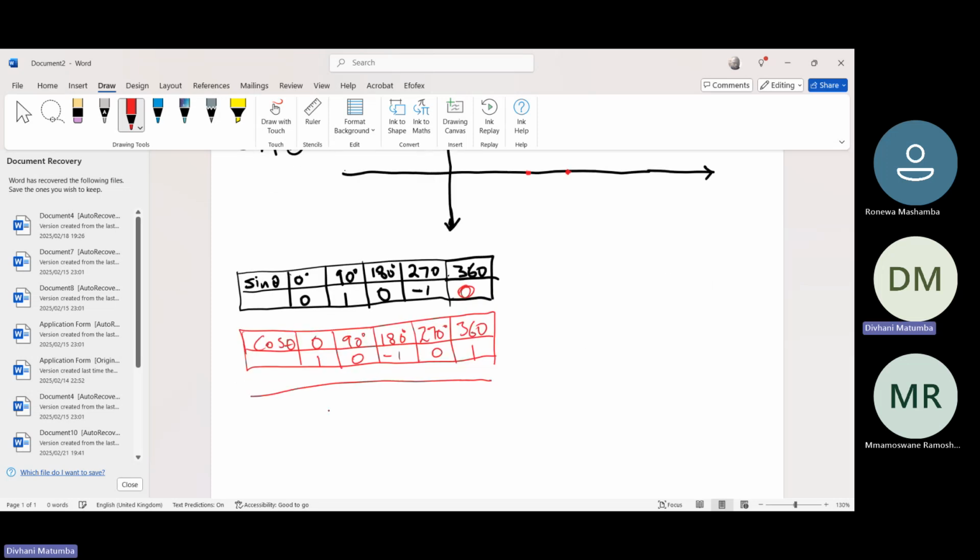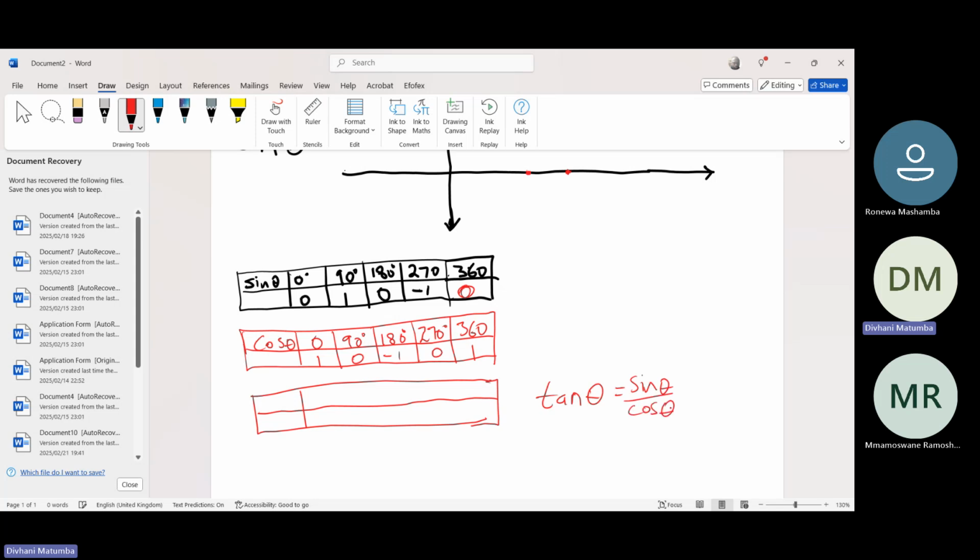Now we have the tan. We are dealing with the tan. Do you agree that the tan of theta is given by sine theta over cos of theta?